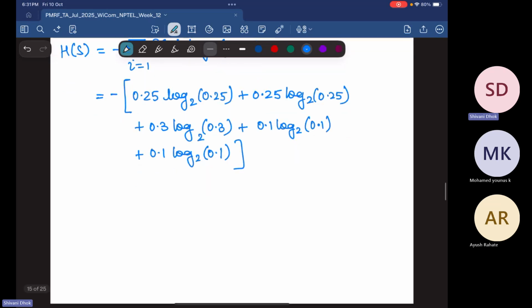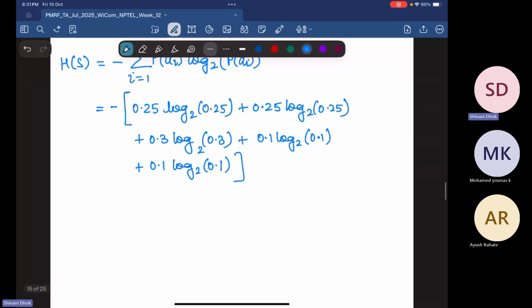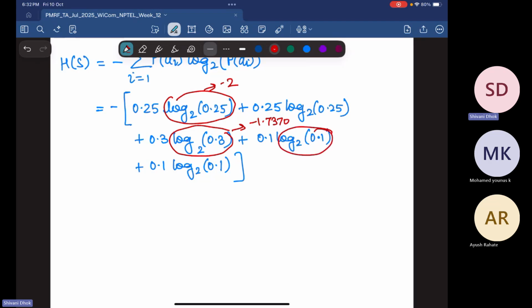Now again, if we use our calculators, log to the base 2 of 0.25 comes out to be equal to minus 2. Then log of 0.3 comes out to be equal to minus 1.7370, and log of 0.1 comes out to be equal to minus 3.3219.